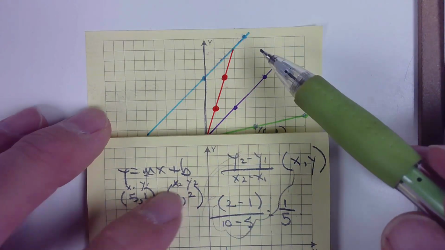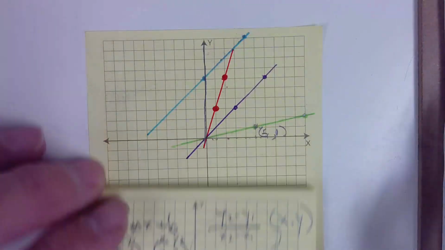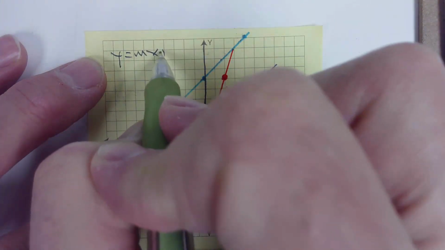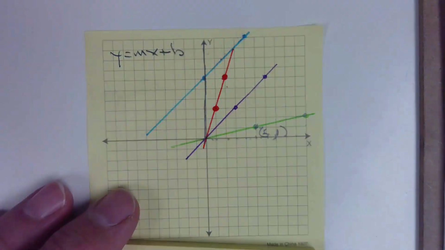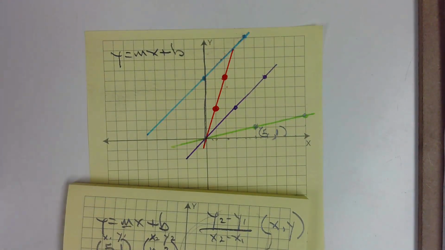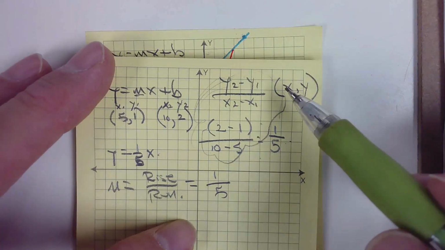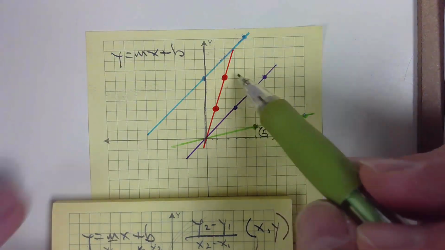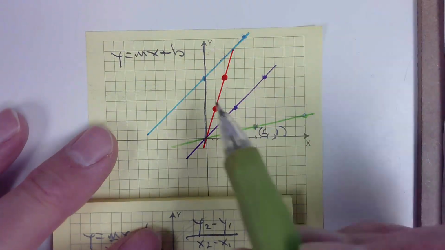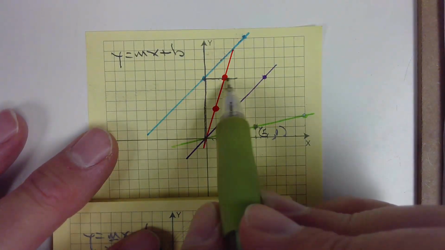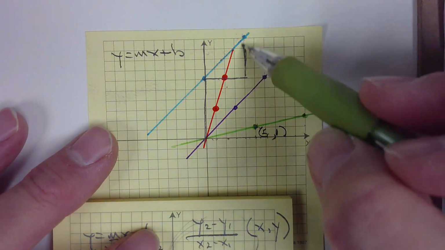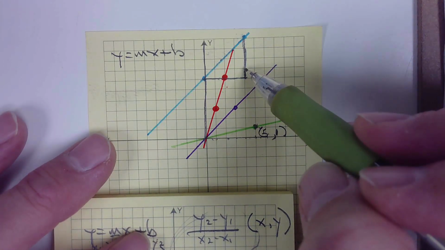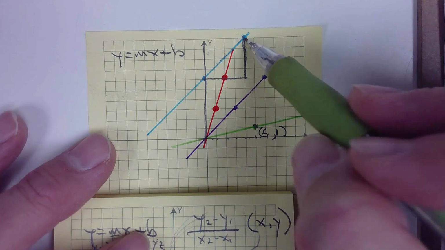Let's look at the blue line. Here's the equation. Y equals mx plus b. Well, first thing we have to do is figure out the slope. Now, we could go the long way, but we don't need to. I could just look at these 2 points here and look at rise and run. So if I go over to here and then go up here, what's the rise? From this point, it's 1, 2, 3, 4.